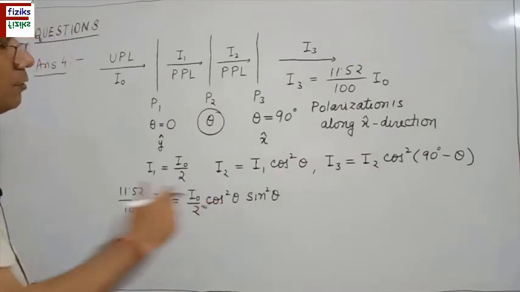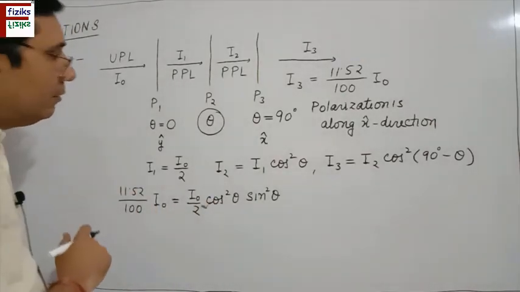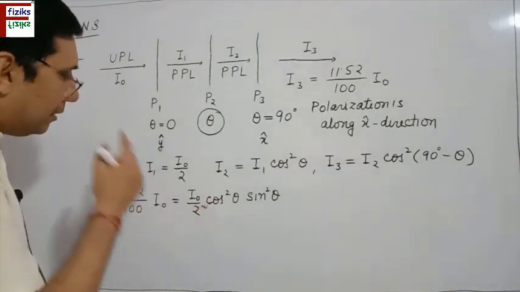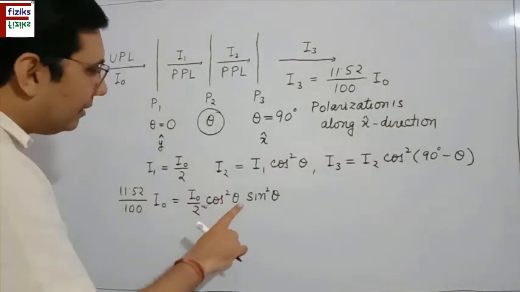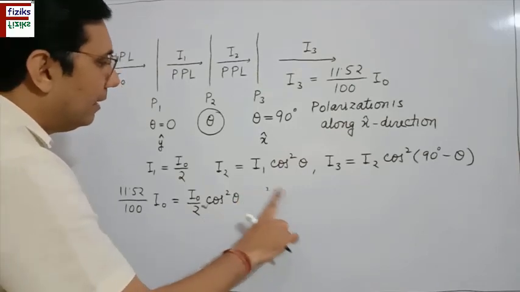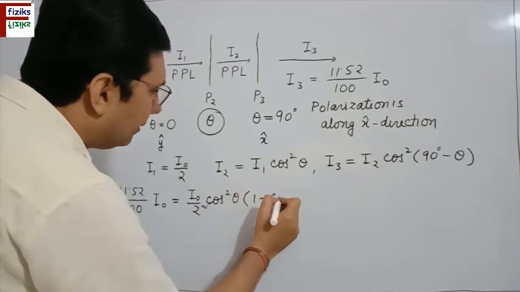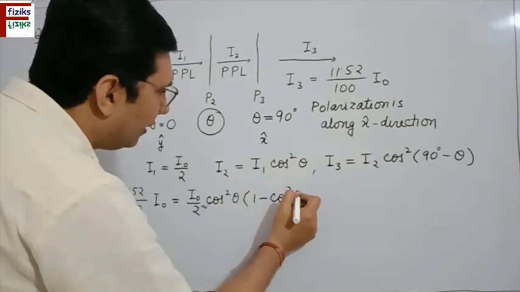Now we have to solve this equation to find the exact value of theta. So I will convert this into a quadratic equation. For this, I will replace sin square theta by 1 minus cos square theta.